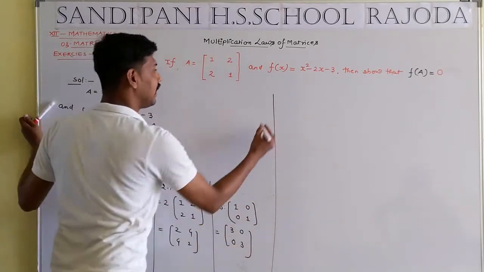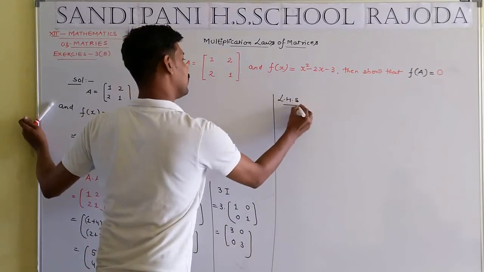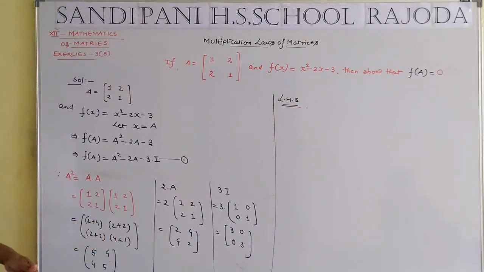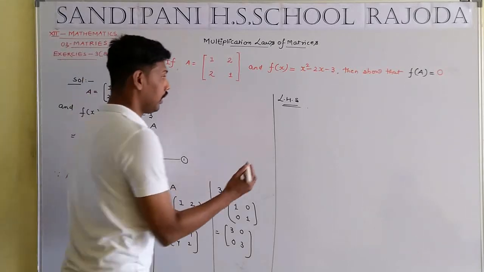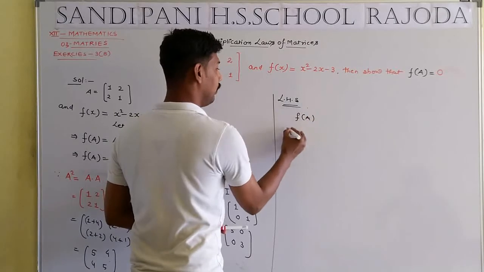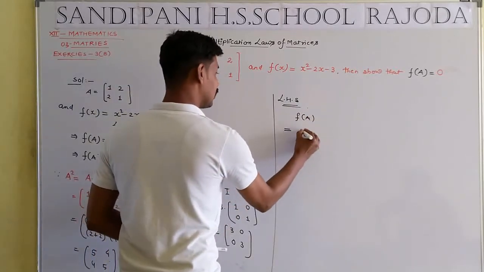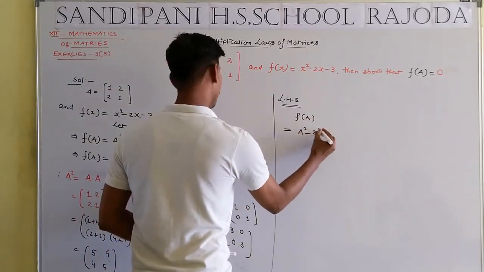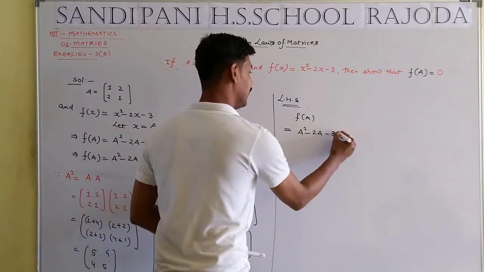Now we take the LHS of equation number first. What is the LHS of equation number first? LHS will be equal to f(A), and f(A) will be equal to A square minus 2A minus 3I.